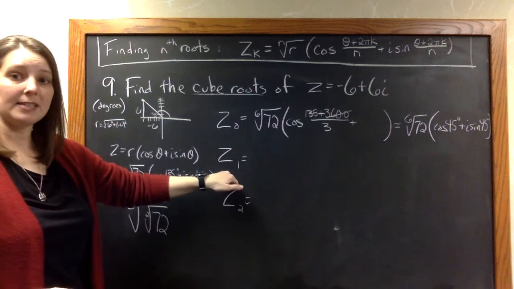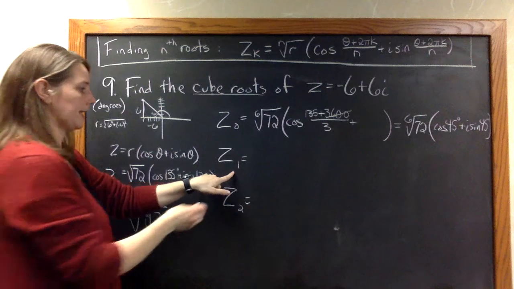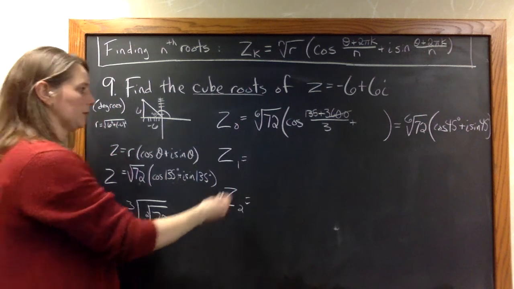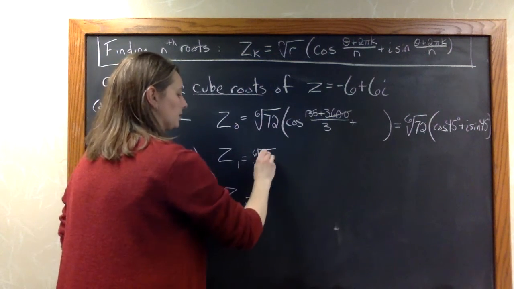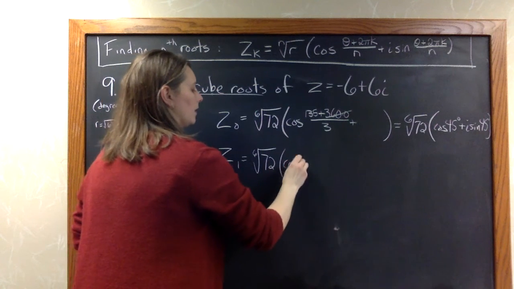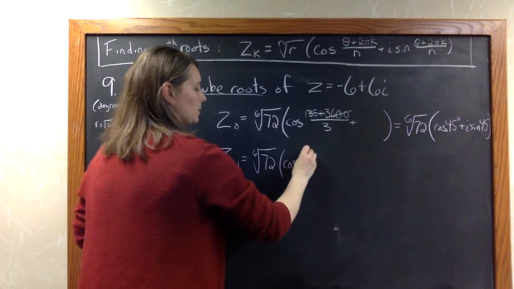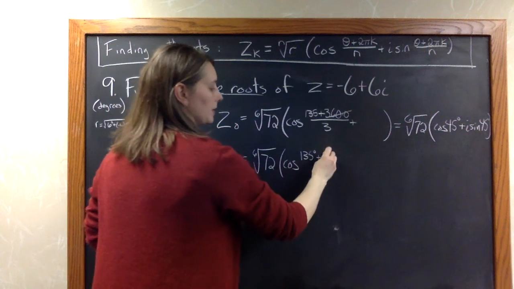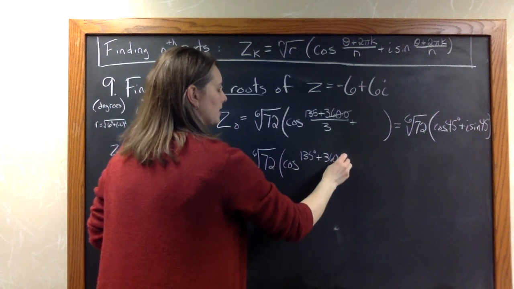All right, for z1, we do the same thing. It's still the cube root of the square root of 72, so I'm still going to write that as the 6th root of 72. Cosine theta was 135. And then remember, instead of 2 pi, we're using 360 because we're in degrees.